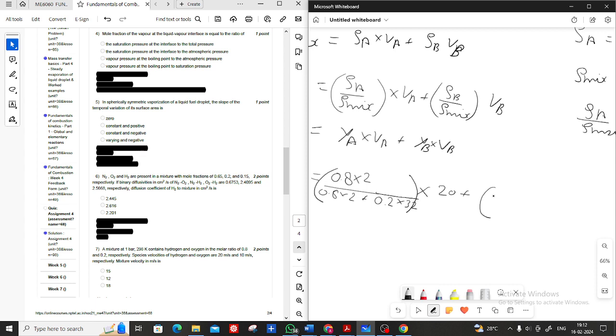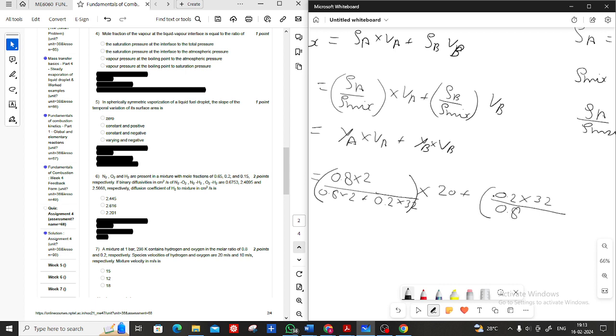Whoever was asking this, please tell the answer. 0.2. 0.2 into the molecular weight of oxygen. Basically, I am asking the molecular weight of the oxygen molecule. The molecular weight of the oxygen atom is 16, 16 into 2, 32. So we have 32.